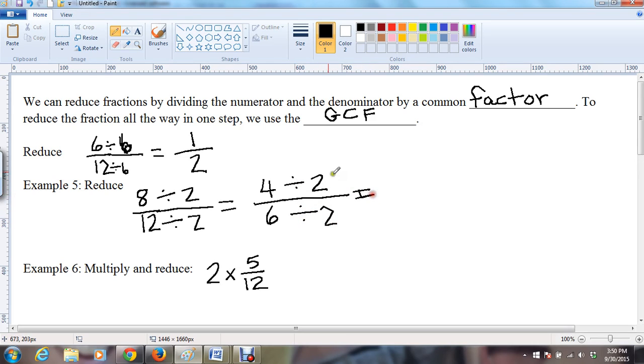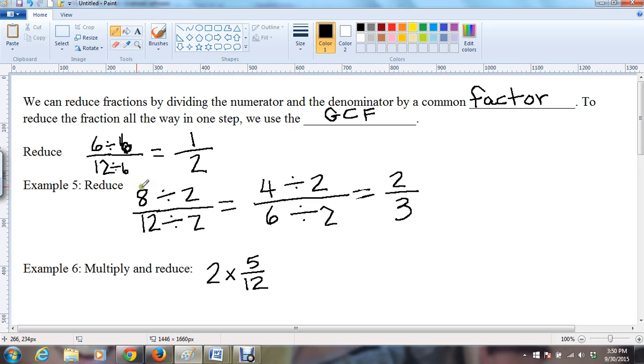And we will get 4 divided by 2 on top is 2, and 6 divided by 2 on the bottom is 3. So now we have the fraction all the way reduced to 2/3. It can't go any further. 2 and 3 don't have any common factors, so there's no way we can reduce this further.